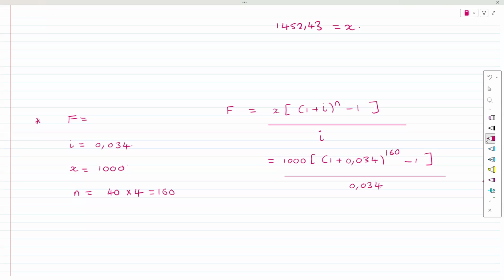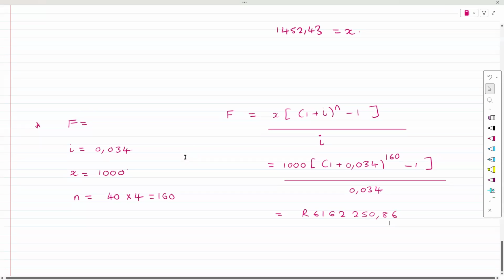Okay. Now, if we solve this, this guy got some money, about 6,162,250 Rand, 86 cents. So, I mean, he does have money.